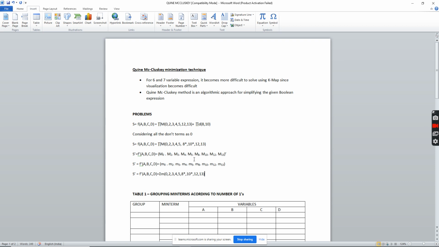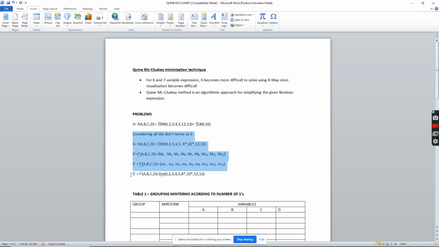So in this way, I have now got a new equation using a min term list form. Whatever the equation is, if it is in pi form, you have to convert it into summation m form by following these 3 steps.